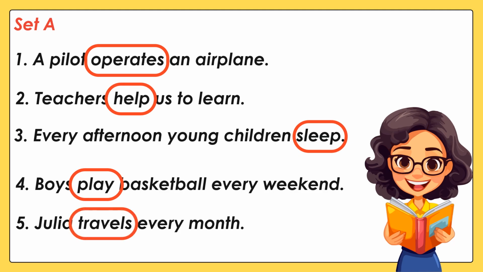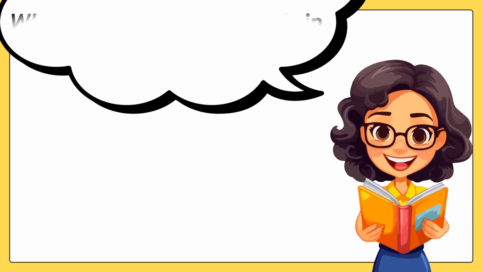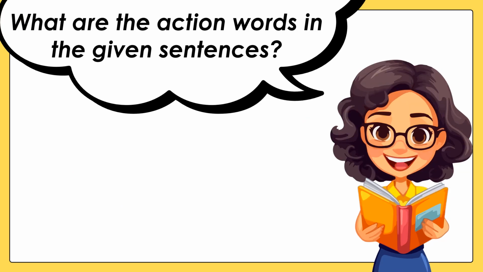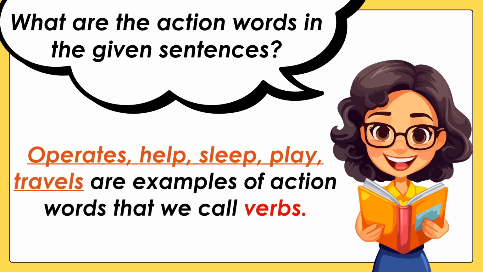Good job, kids! Now, what are the action words in the given sentences? Operates, help, sleep, play, travels are examples of action words that we call verbs.